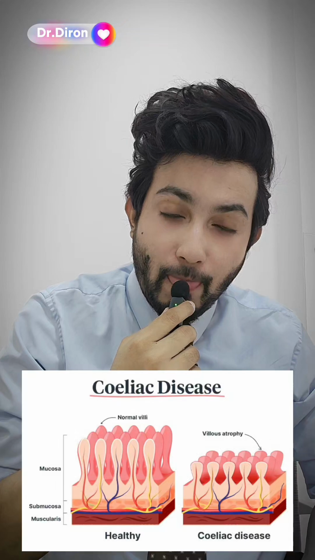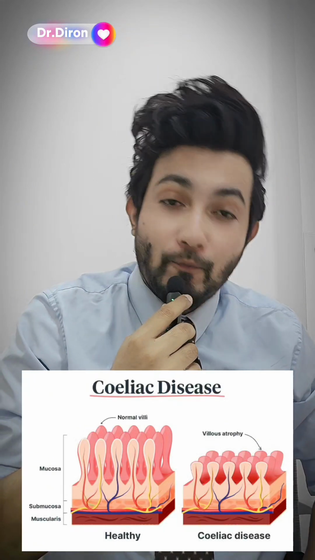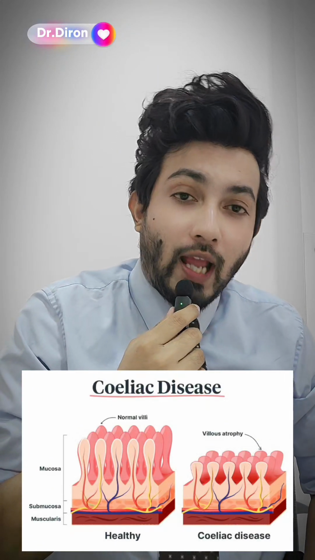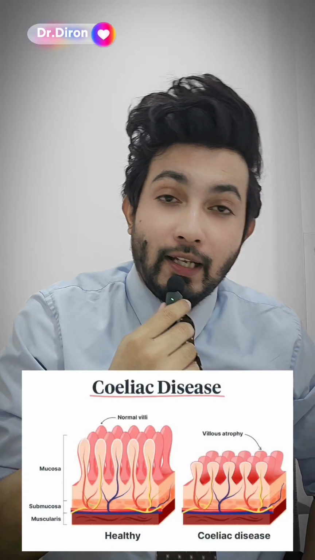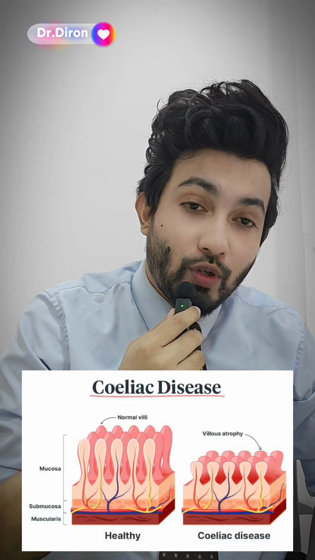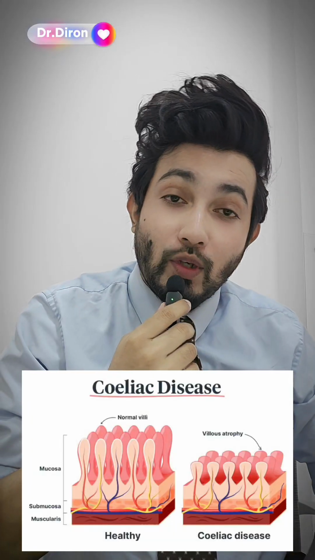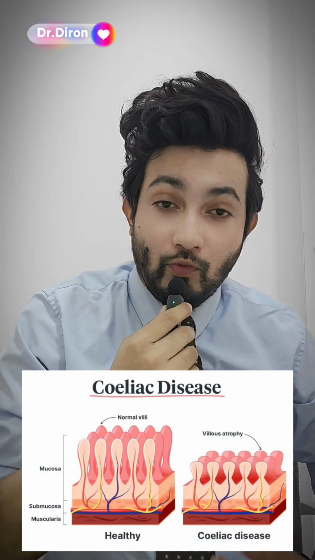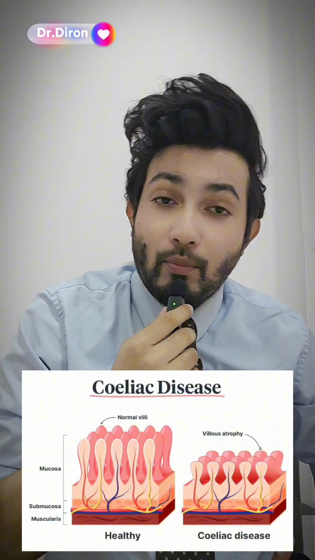That leads to villous atrophy. So when you don't have villi in the small intestine, there won't be digestion or absorption. Ultimately, the patients will develop diarrhea, weight loss and malnutrition problems.